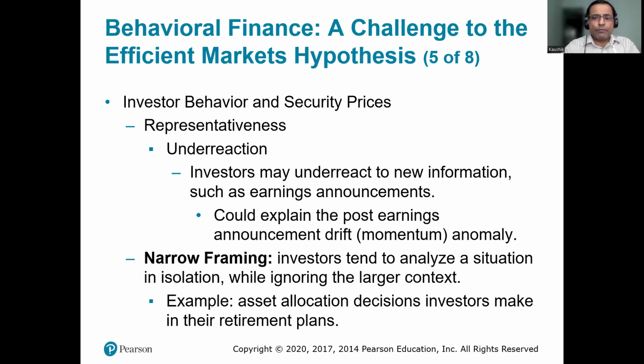Narrow framing means investors are not able to see the bigger picture and they analyze a situation in isolation. So this leads to a problem of asset allocation. I may want to diversify across different assets, so I invest in different assets. It may so happen that the assets that I have selected actually do not lead to good diversification.